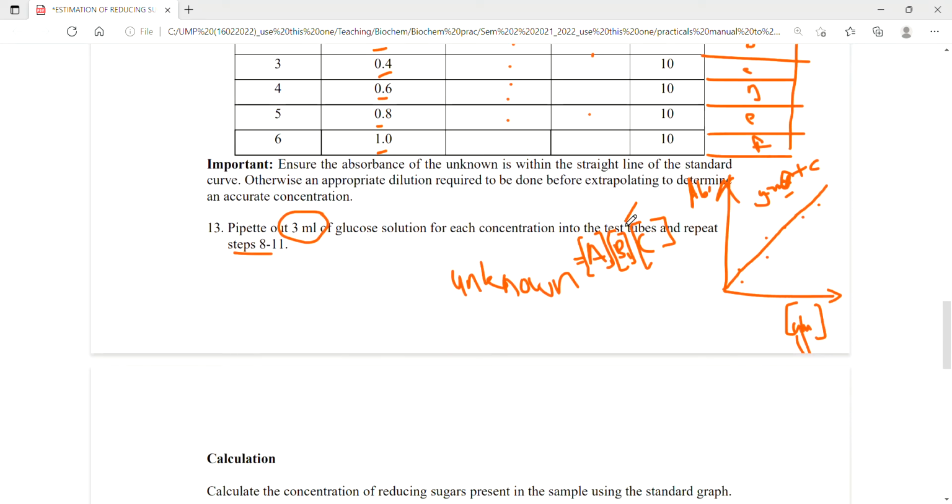You need to multiply, and this one maybe no need, then all will be the same concentration. Maybe you can get the average to determine the final concentration of reducing sugar in the banana.